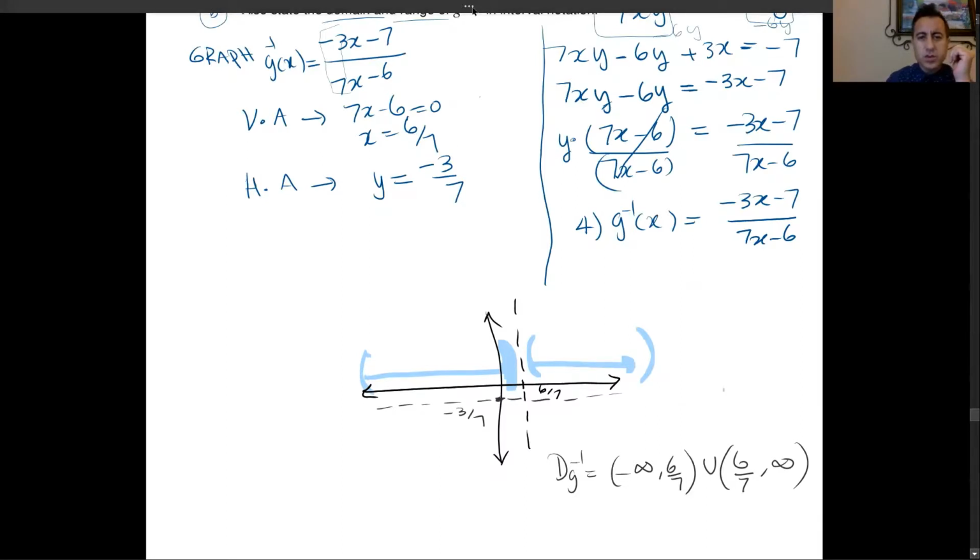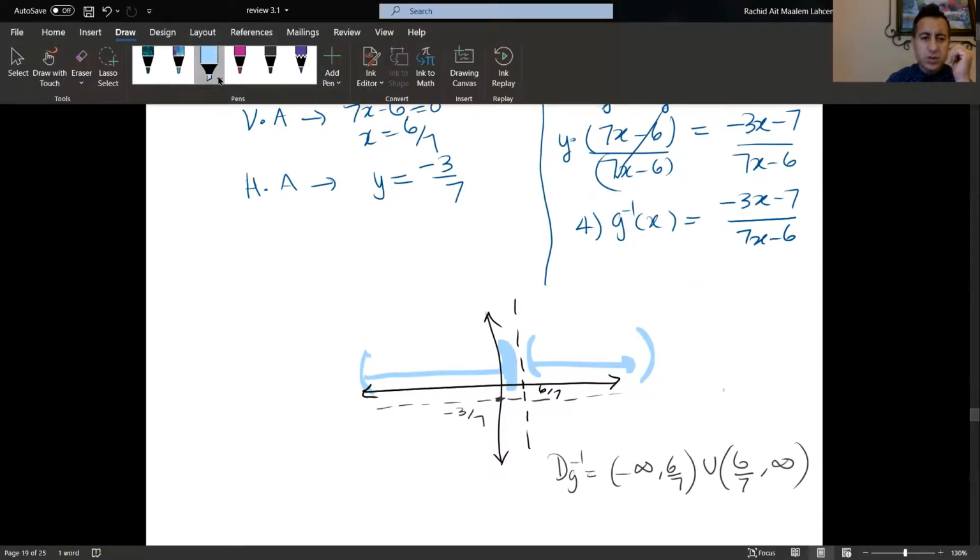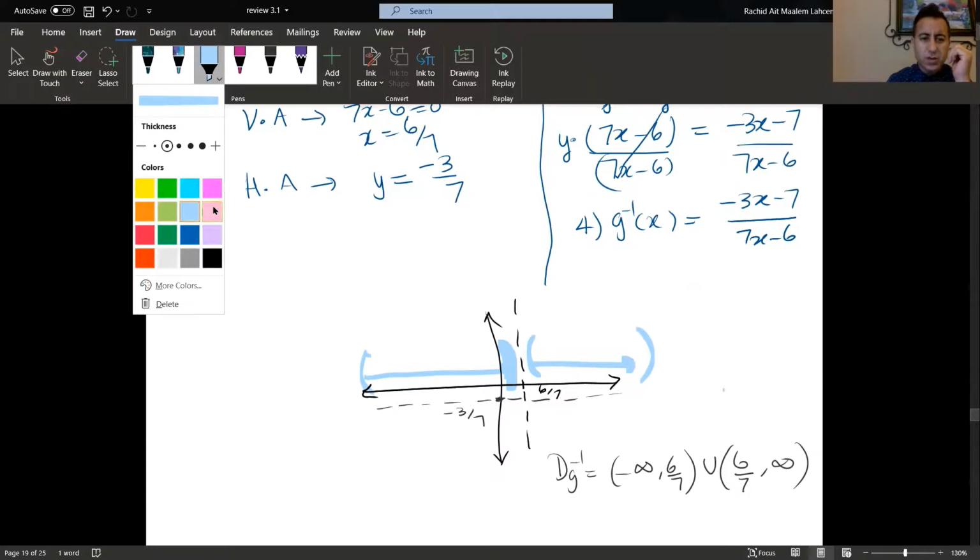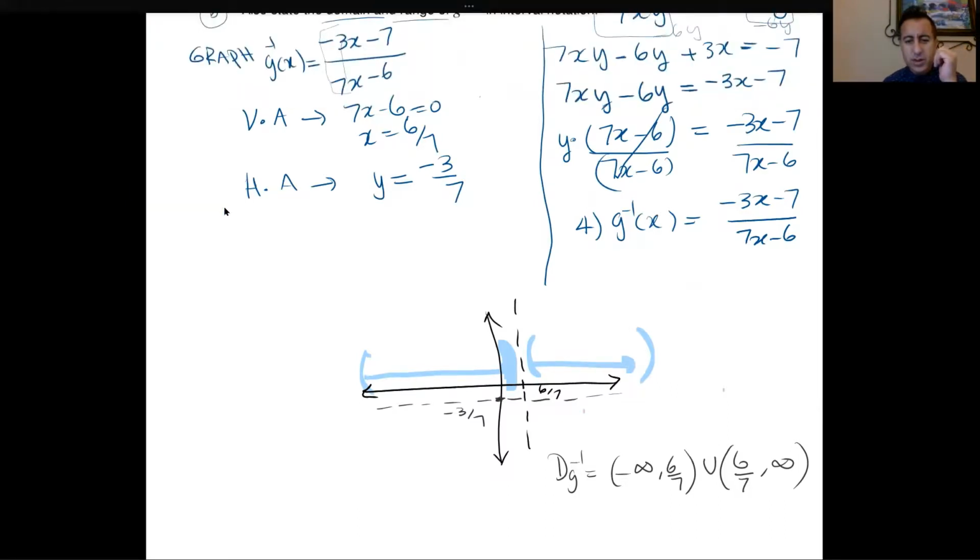I will show what's going on and why we are certain about that. So if you look here, it comes to this horizontal asymptote. I'm not graphing it, but I'm just giving you the idea of what's going on now that we have the asymptotes.